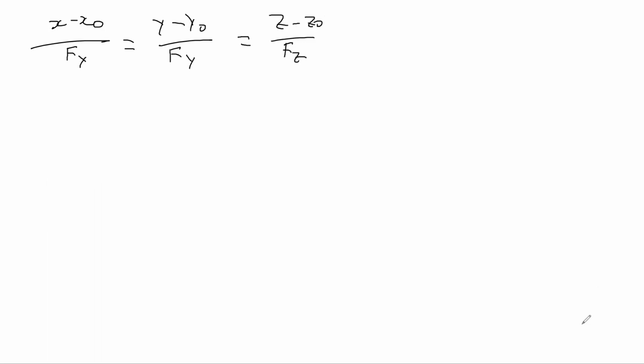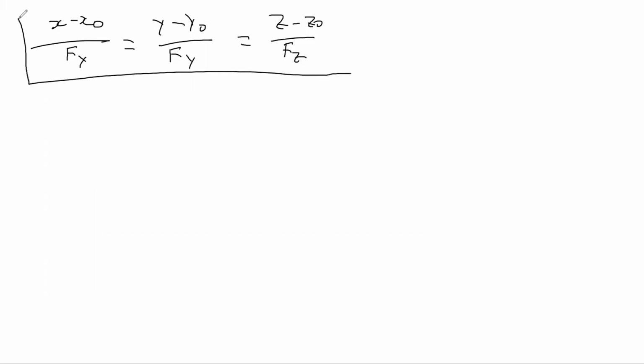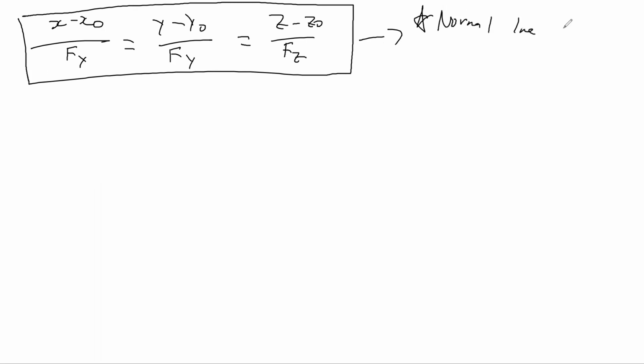This is just another representation of lines. And in this case, it'll be the normal line, due to the fact that the gradient vector is going to point in the same direction.